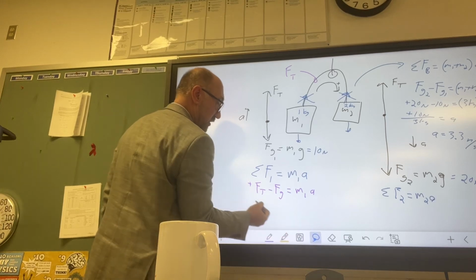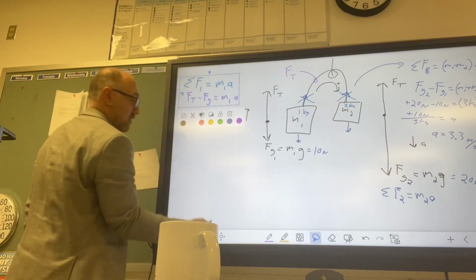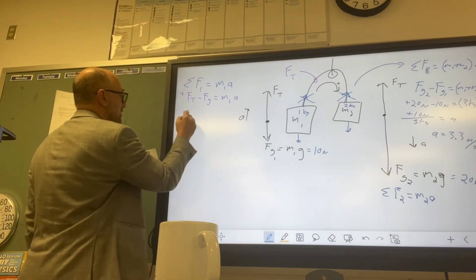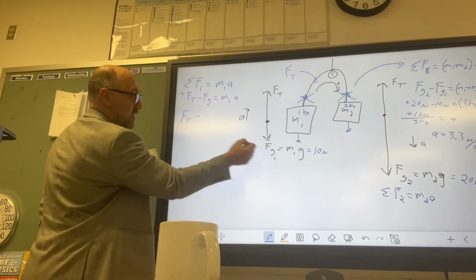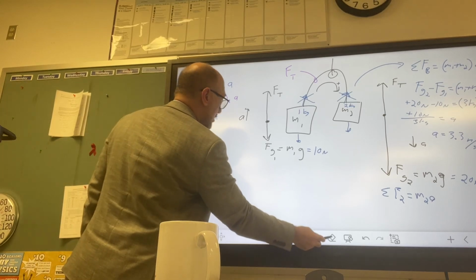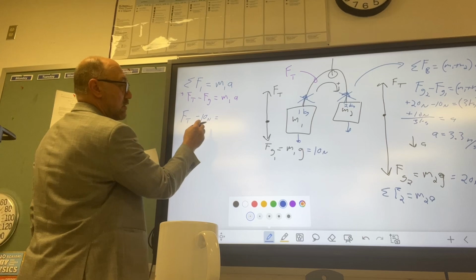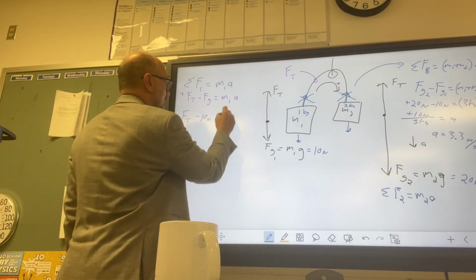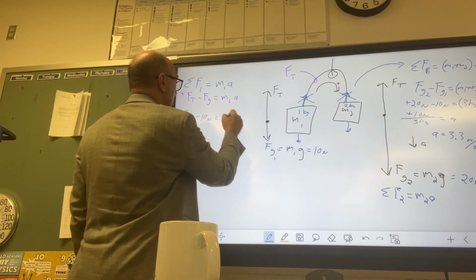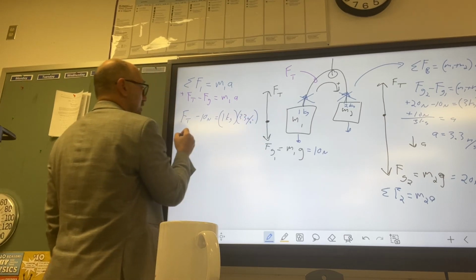I don't want to be standing in front of it so the camera can't see it, so I'll put it over here. So what do I get doing this guy? I'm going to get the force of tension, that's unknown, minus gravity, which for him is 10 newtons, equals the mass, which is 1 kilogram, times the acceleration we just found, which is 3.3 meters per second squared.